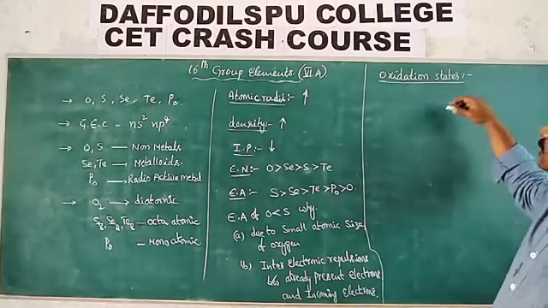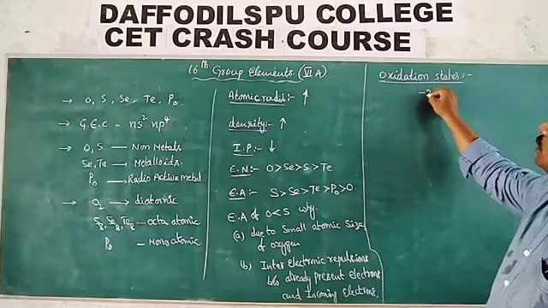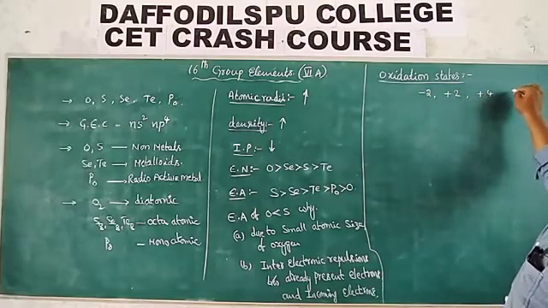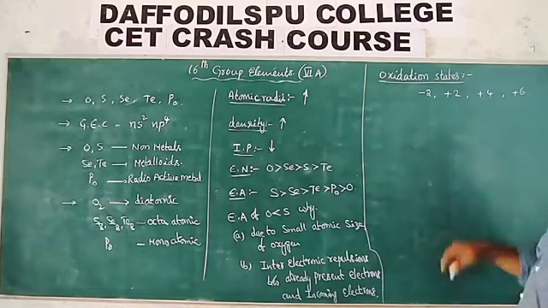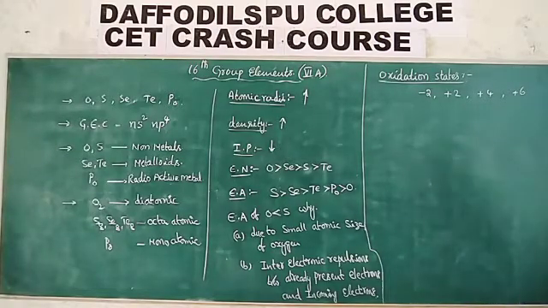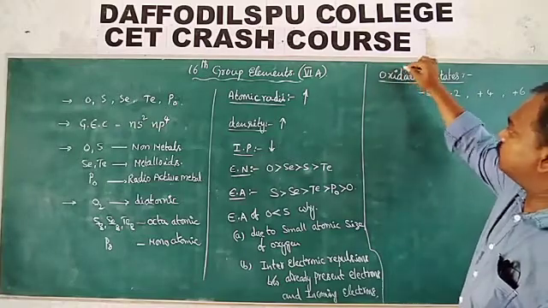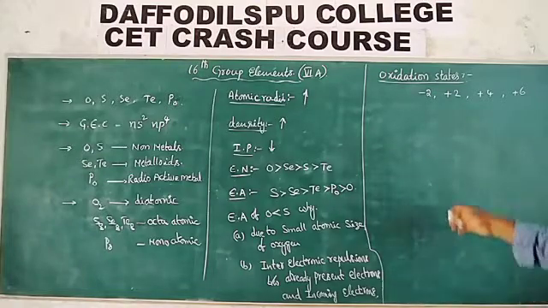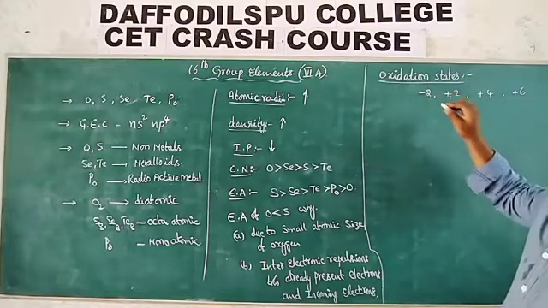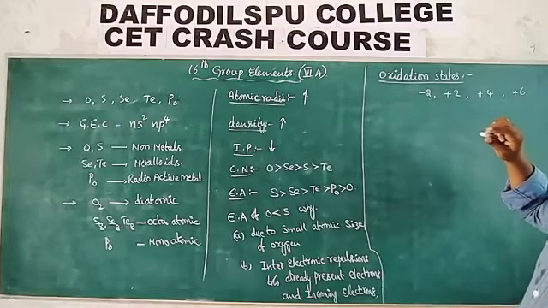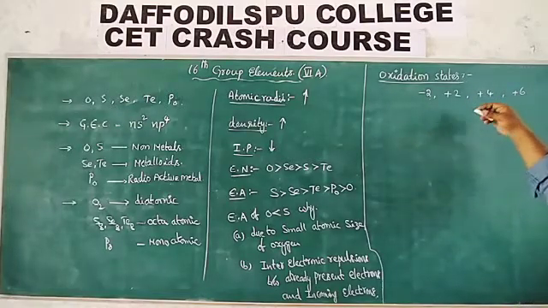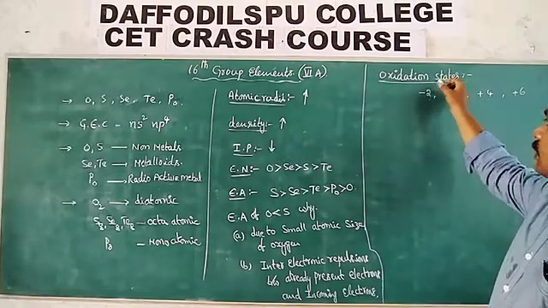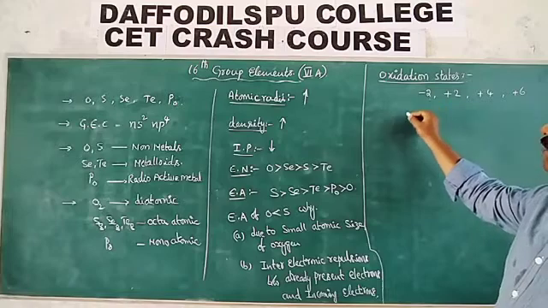These 16th group elements exhibit -2, +2, +4, +6 oxidation states. Due to high electronegativity, they exhibit the -2 oxidation state. The other oxidation states are also shown generally. We will discuss the oxidation states in the case of oxygen.